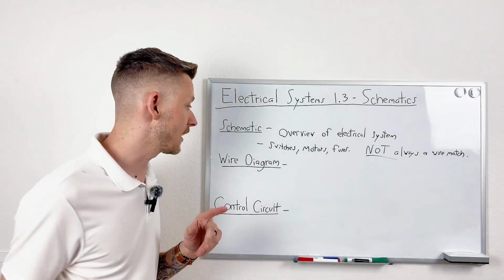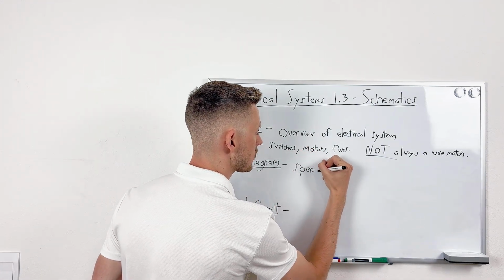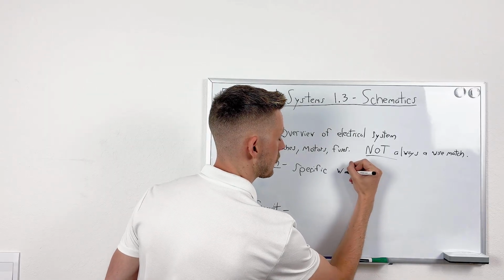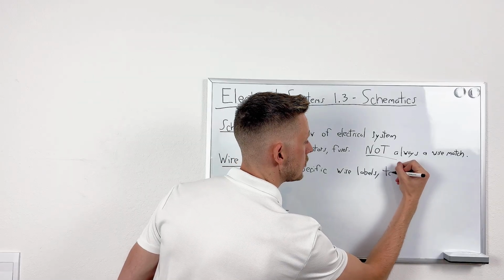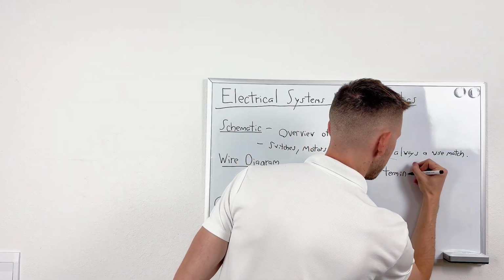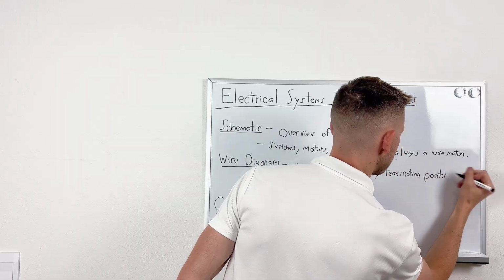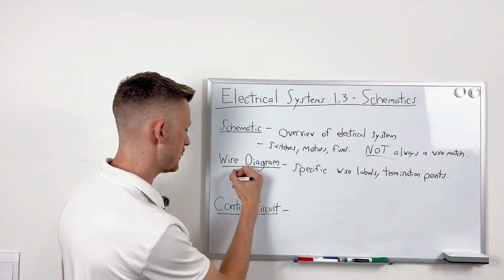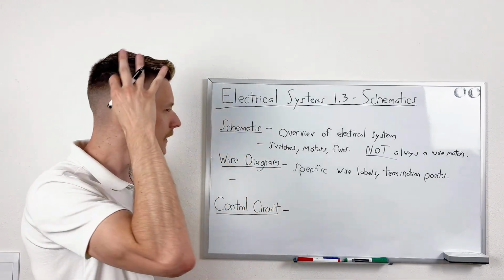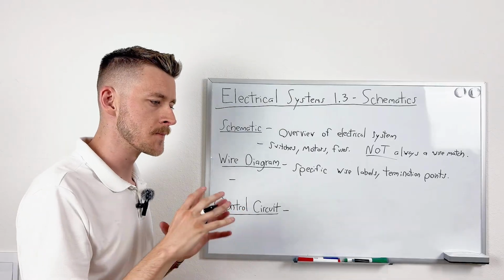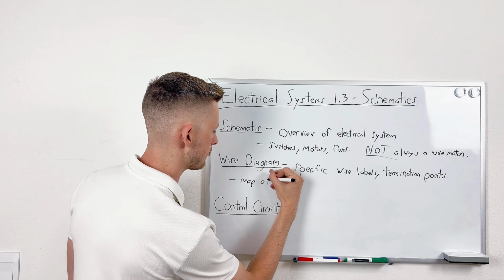If you want a direct match, that's going to be your wire diagram, which is going to include specific wire labels and termination points. This is kind of like a map, if you will, of all the wires.